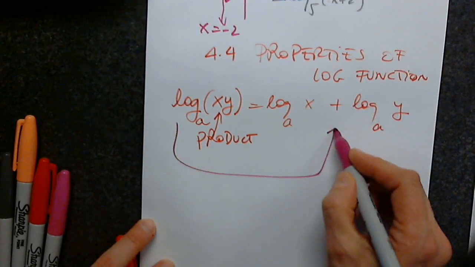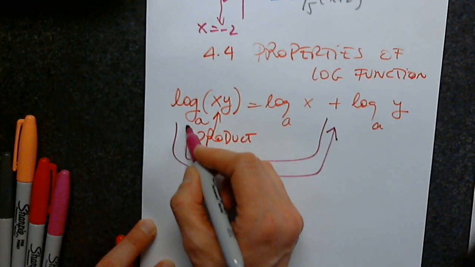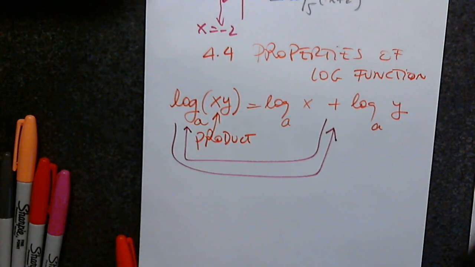I can get from here, here, or I can get from here, here. So if you give me log applied to 5 times 9, I can say it's log applied to 5 plus log applied to 9. If you say log applied to 5 plus log applied to 9, I'll say it's the same with log applied to 4 times 9.